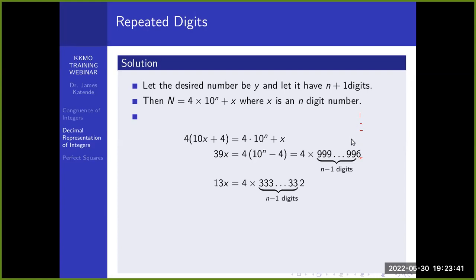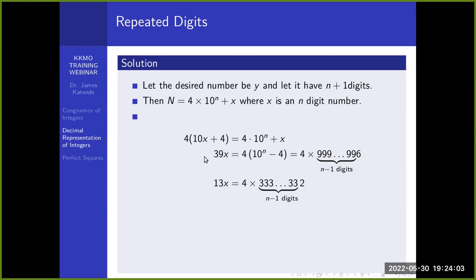It has only 2 minus 1, which is 1, nine, and the last digit will be 6. If it was 1,000, you will have 1 more 9, and so on. So this is what it looks like. Clear. So this is the answer you get, but it is equal to 39x.